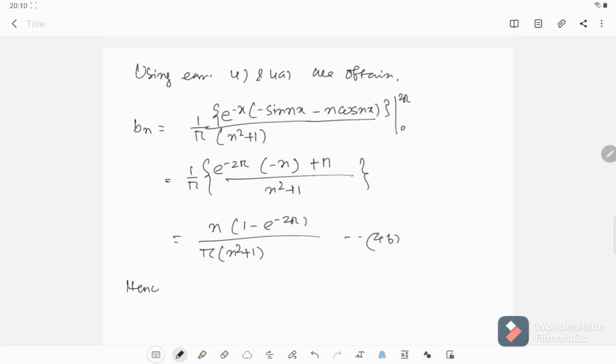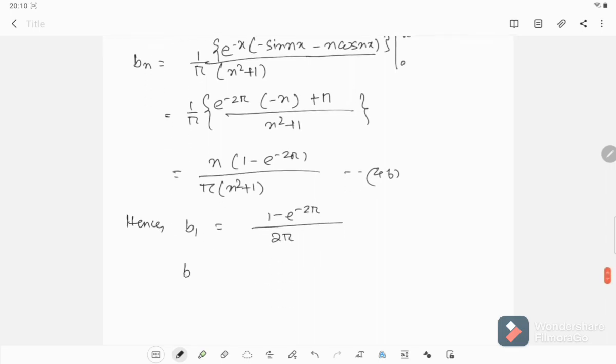Hence b1 is equal to (1 minus e to the power minus 2 pi) by 2 pi. b2 is equal to twice of (1 minus e to the power minus 2 pi), and that would be over 5 pi.